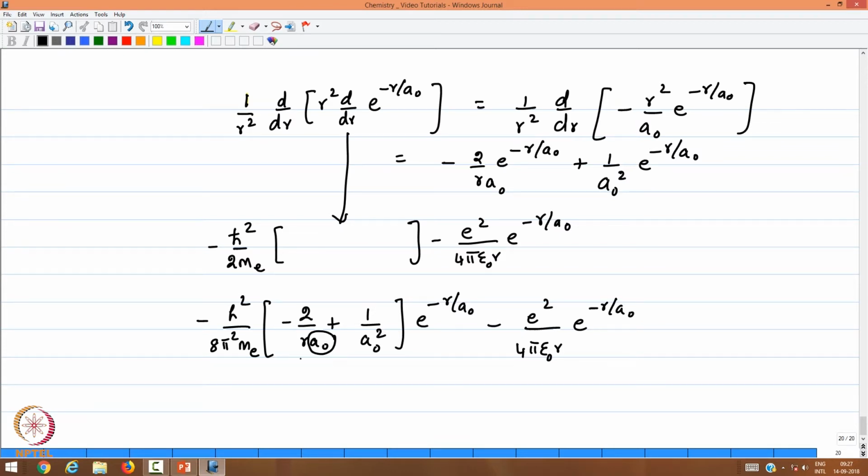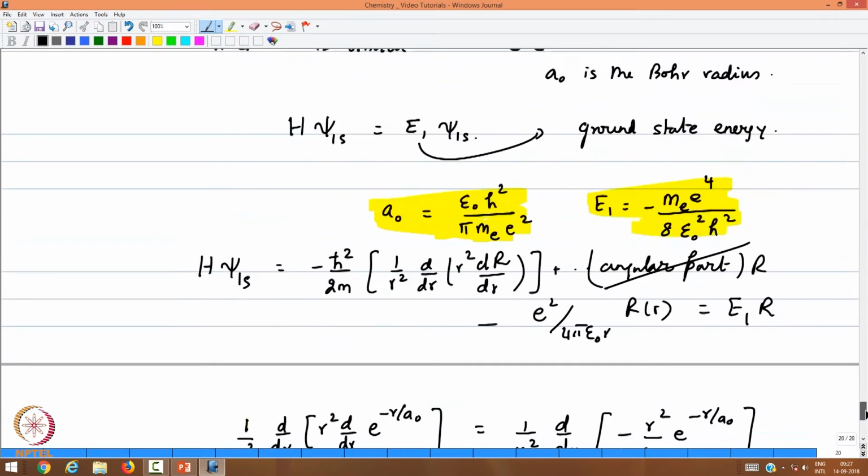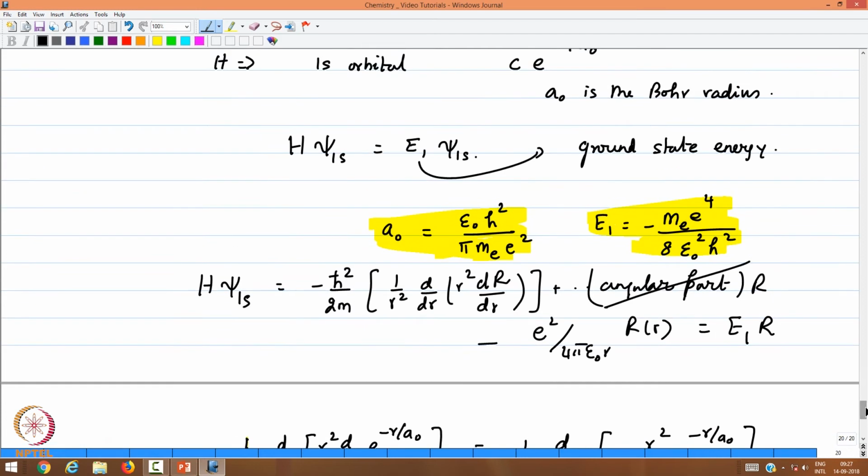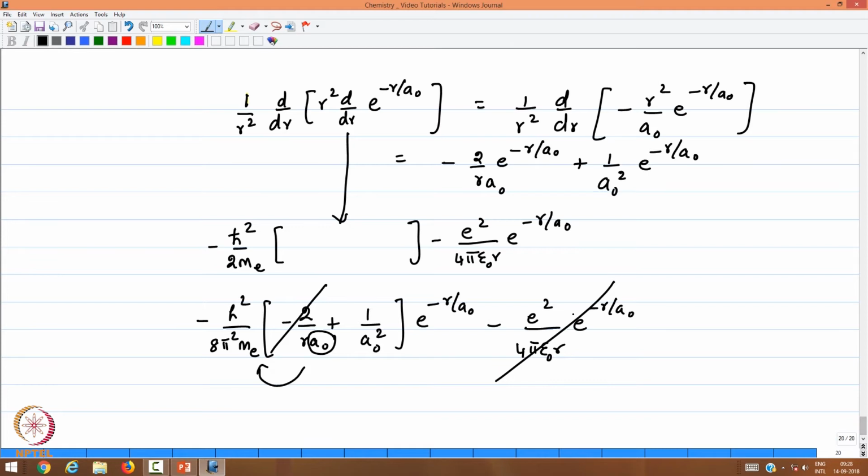Substitute for a naught in this expression, and you will see that this is positive and exactly the same as this term except for the sign. Therefore, this term cancels with this term. What is left over? You have to substitute for a naught using the expression given here, epsilon naught h square by pi me e square. Okay. You will see that these two terms cancel out.